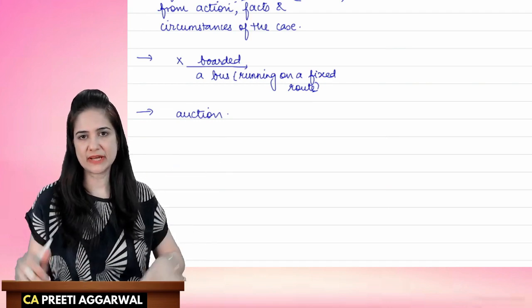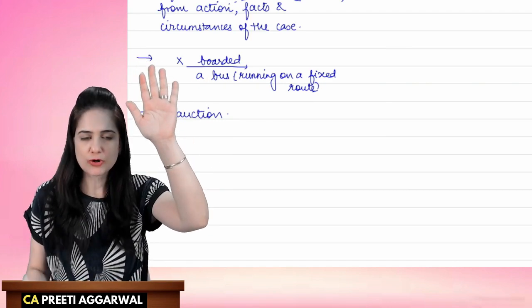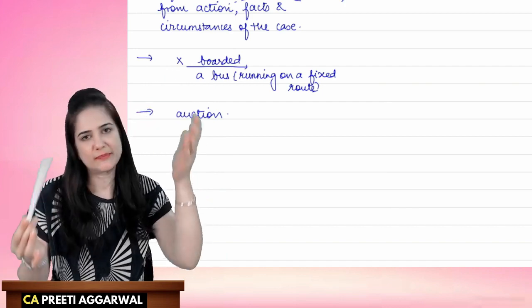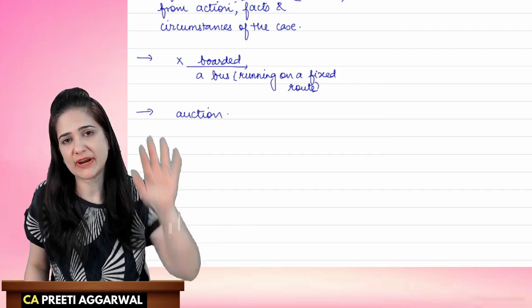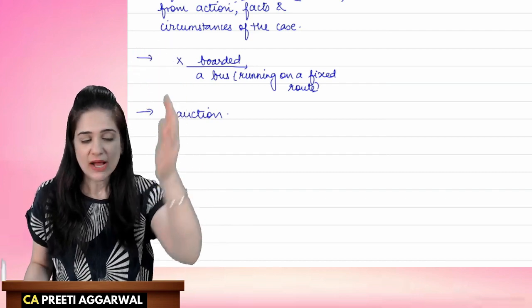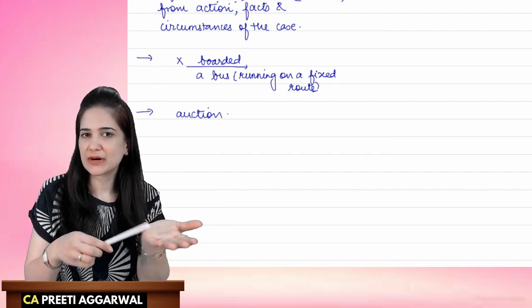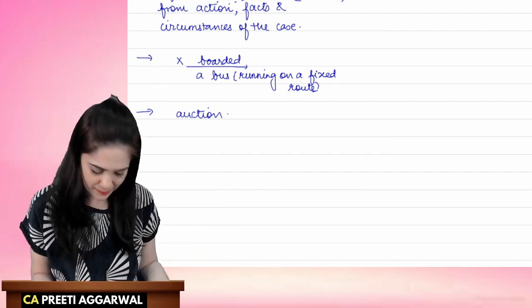People are sitting there, they will just raise the card, it's an offer, I want to bid. The auctioneer will strike the hammer, it means it is sold. Words are not used. His action shows that our offer has been accepted.